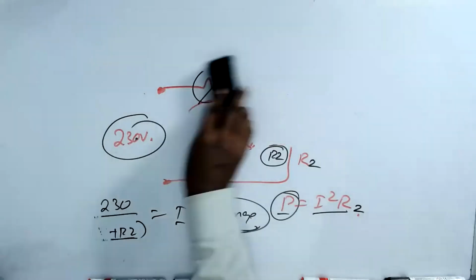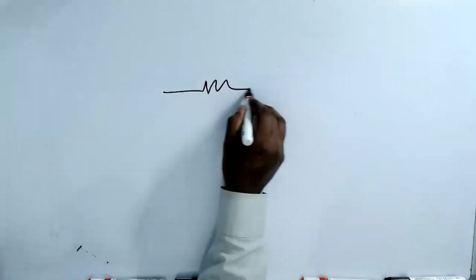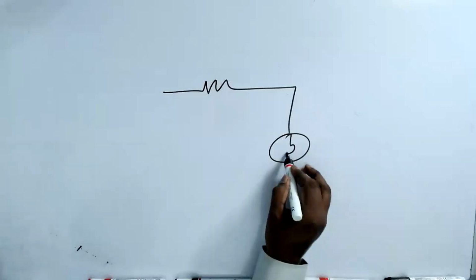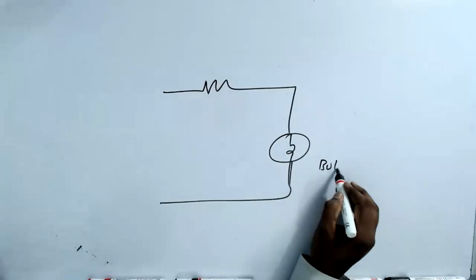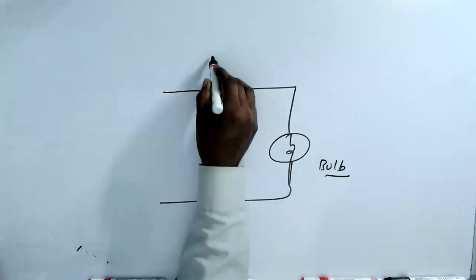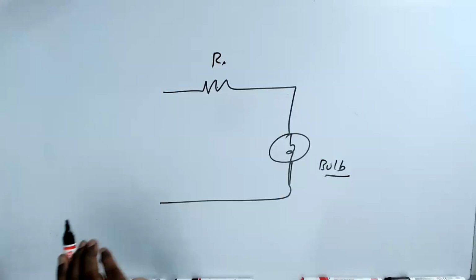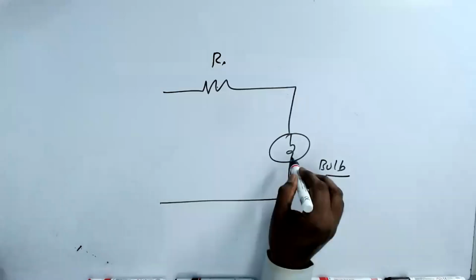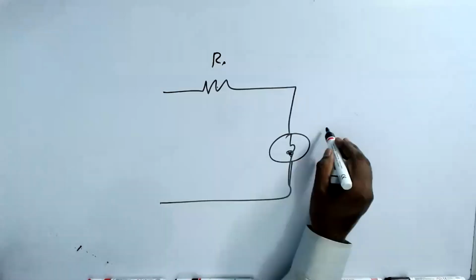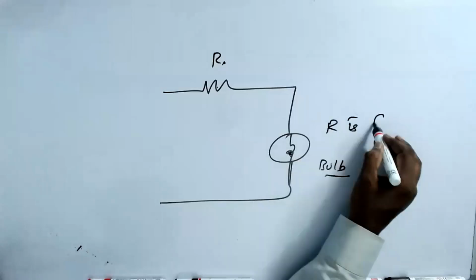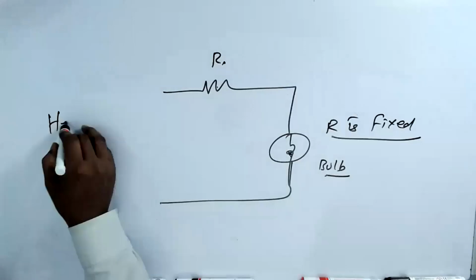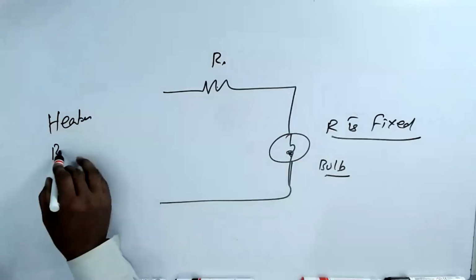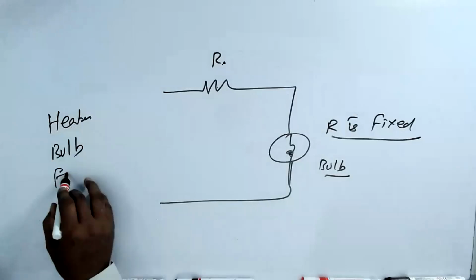If I have a device, the bulb, let us assume, this is resistor. But please understand, for all the devices, the resistor is fixed, R is fixed. When you buy a heater or a bulb or fan, any electrical device, the resistor is fixed.